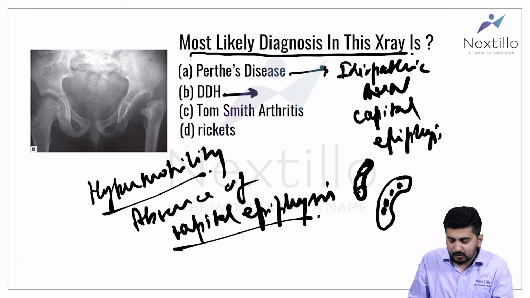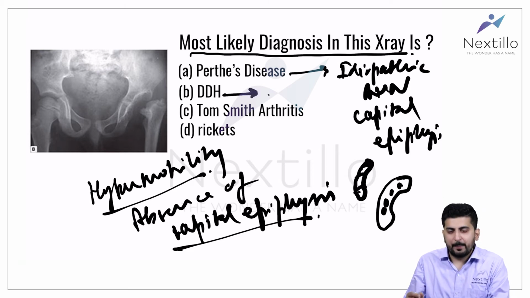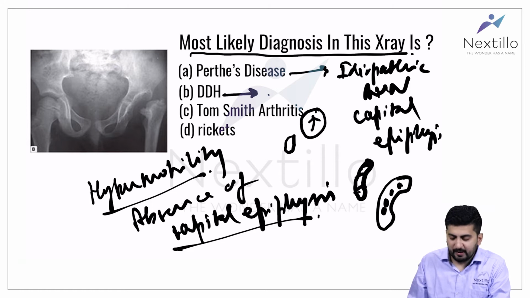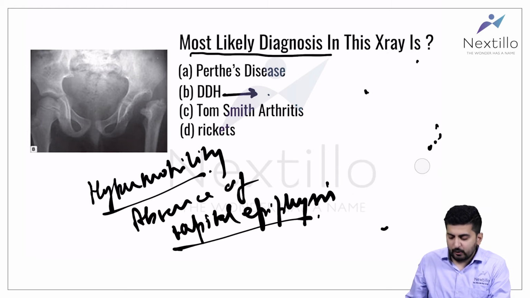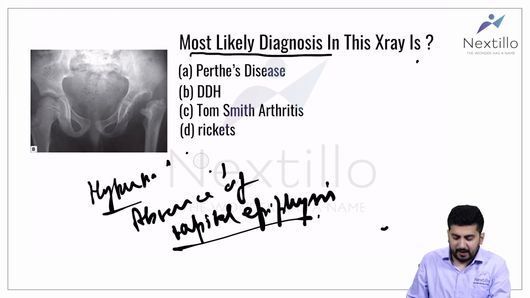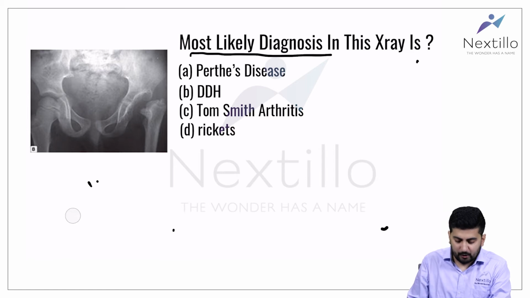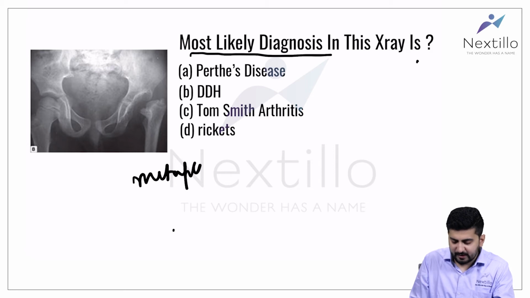Now, in a case of dislocated hip or developmental dysplasia of hip joint, what you will see is that the femoral capital physis is upridden and out of the acetabular cavity, but not absent. In rickets, what you will see is that the femoral capital physis will essentially be normal. However, there will be some changes in the metaphyseal or the physeal region.